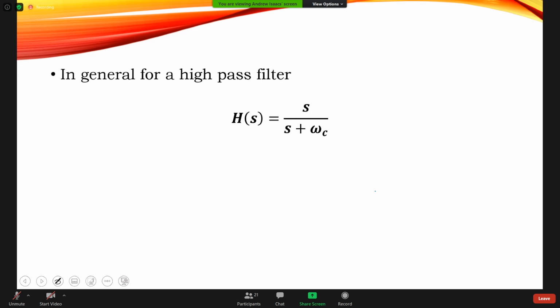All right, so I'm going to wrap up this evening by just introducing a couple of things as it relates to using tuned circuits for filters.